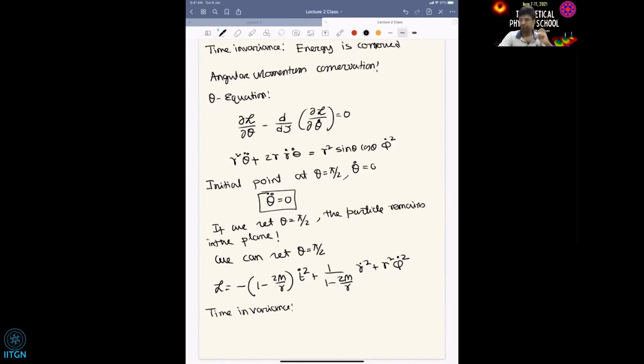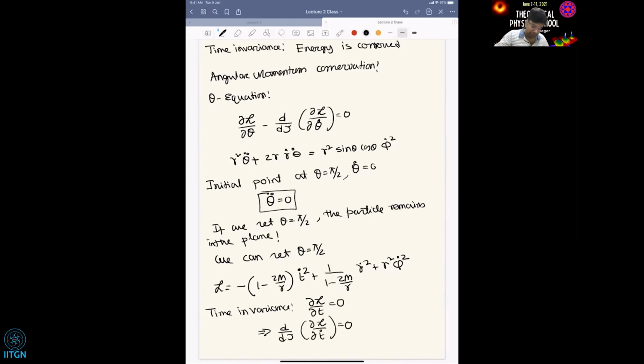Good. So time invariance simply means del L del t equal to 0. Nothing depends on time. Therefore, the t equation, d d tau of del L del t dot, equals 0.